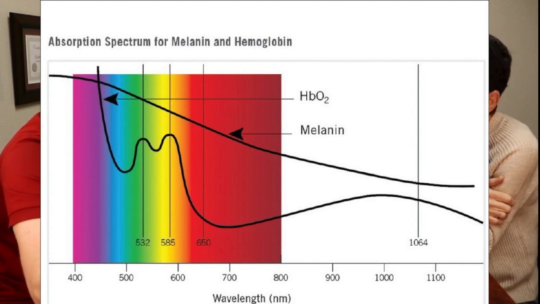So the 1064 does not get highly absorbed by water. It doesn't get highly absorbed by melanin in the skin, and it doesn't get that highly absorbed by the hemoglobin as well. Those factors should make you think, okay, it sounds like we're going to be getting fairly deep with this 1064 light.